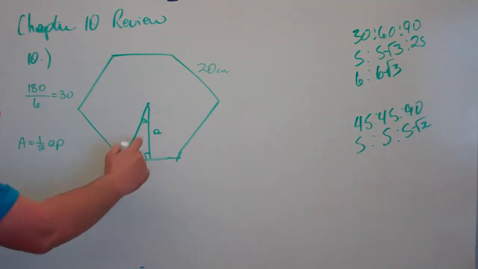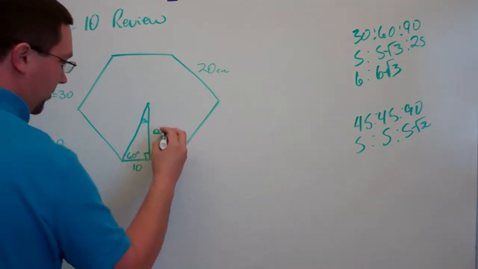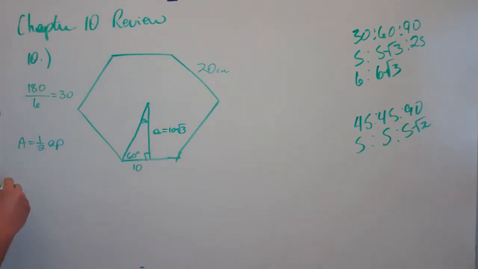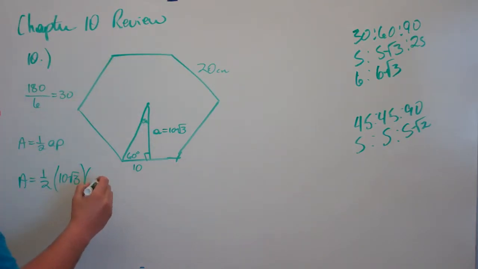So again, you go back to your ratio. Since the 10 is across from the 30, it's the s in the ratio, which makes the apothem s times the square root of 3. So a is simply 10 times the square root of 3. Now you have everything you need. 1/2, 10 times the square root of 3, times your perimeter, which is 20 times 6, so that's 120.